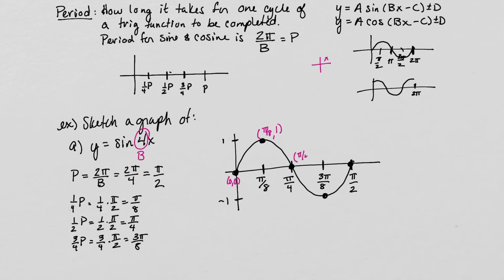Here at the X I'm at pi over 4, but I'm at 0 on the Y. Here I'm at 3 pi over 8, but I'm at negative 1 on the Y. And then finally, I'm at pi over 2, 0. So you would need to enter those 5 points into ALEKS. Then ALEKS has a button that you click, and once you put those 5 points in, it'll just make the curve for you.